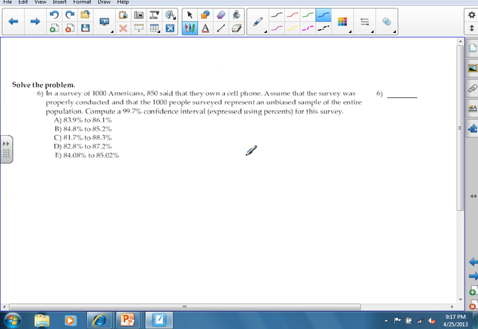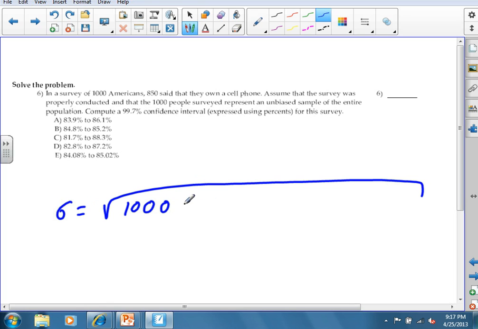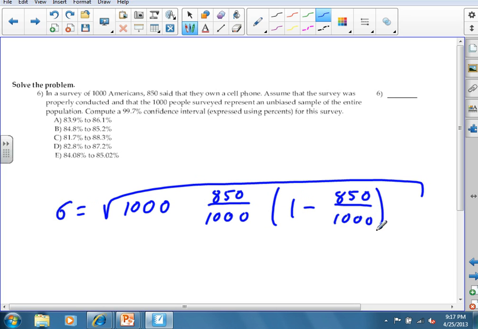So we've got to come up with a standard deviation again, right? Square root of 1,000 times 850 divided by 1,000 times 1 minus 850 divided by 1,000. That was the 11.29.